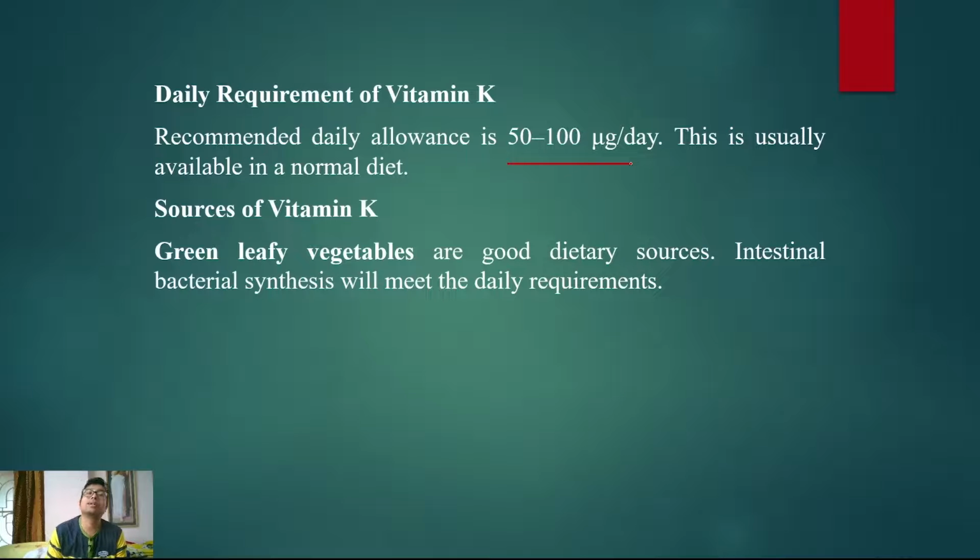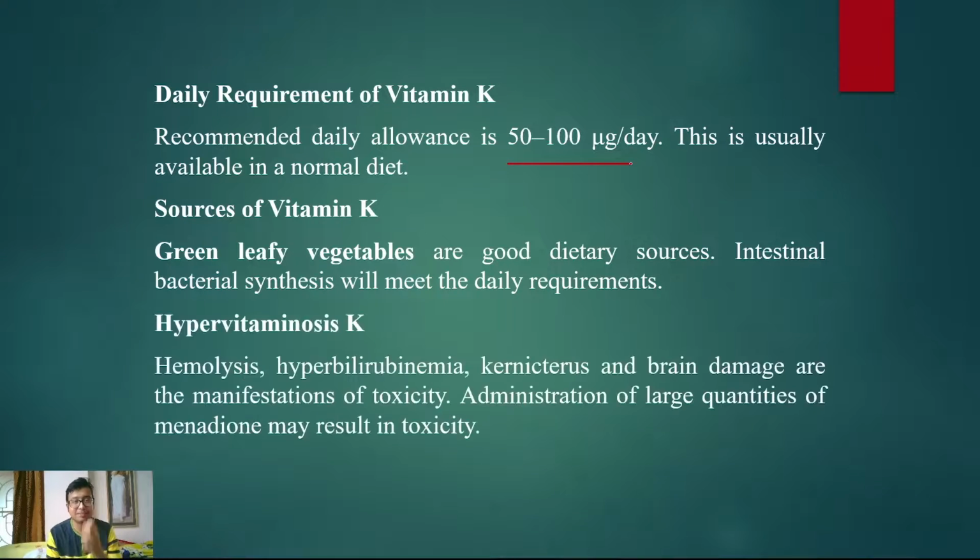If you want to name dietary sources, green leafy vegetables are good sources, but intestinal bacterial synthesis will meet daily requirements. So, attention, those fully non-veg persons that hate vegetables and whose parents have to give you gifts in order to feed you vegetables, you are safe from vitamin K deficiency.